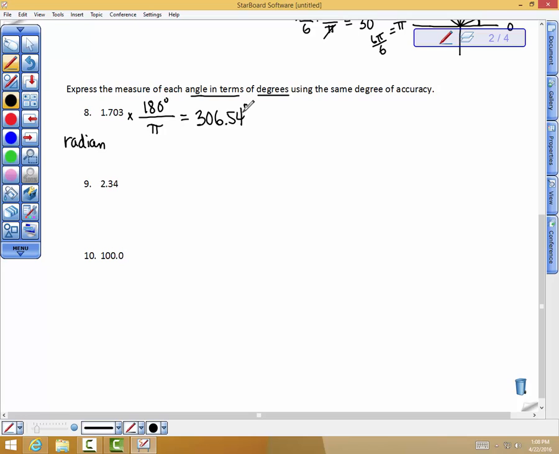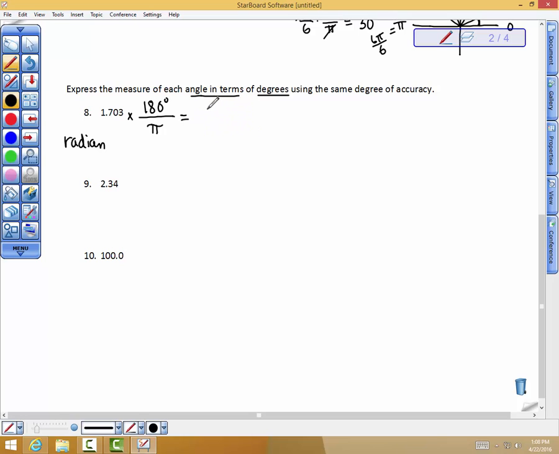Boy, something's wrong with that. I'm going to go 1.703 times 180 on my calculator divided by pi, and I typed it wrong. I apologize for this. And I get 97 degrees.